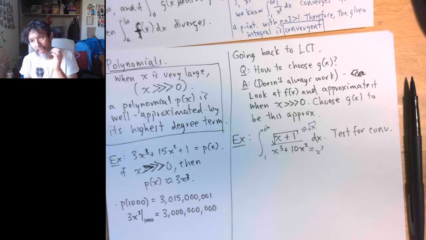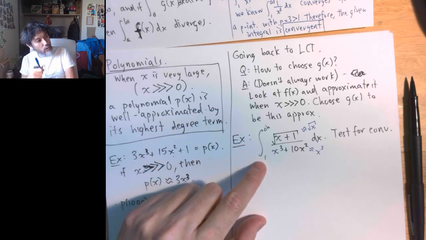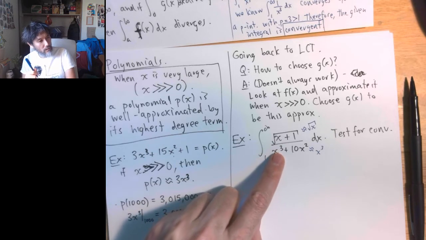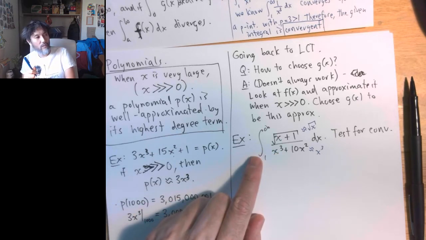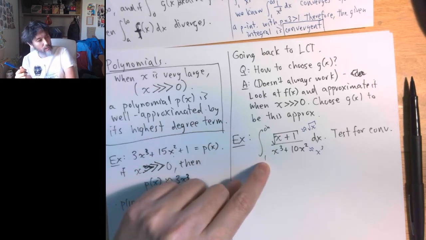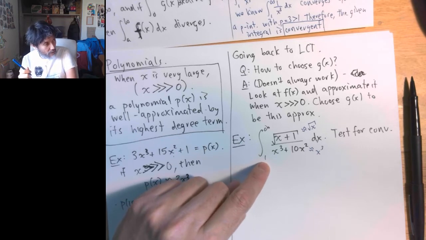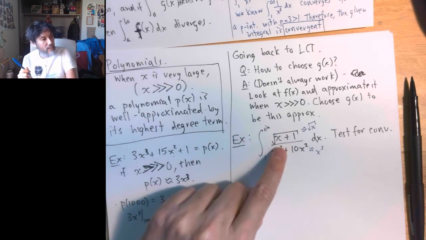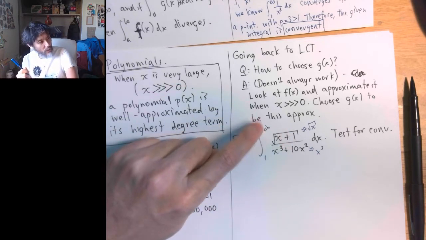And can I just make a comment that it is only x very large that we really care about. Because if we're interested in the question of convergence or divergence for an improper integral, then we don't care about what happens when x is small. What we really care about is the behavior of the integrand when x is very, very large.